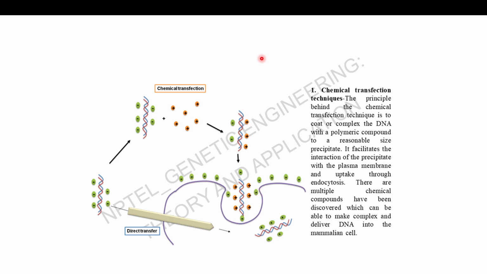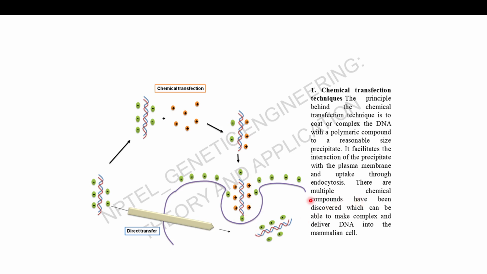Another is chemical transfection techniques. What happens is the foreign DNA of our interest is coated with a chemical, mostly a polymeric compound, so that the whole complex precipitates, and then this precipitate interacts with the cell membrane of the host cell, and eventually this complex is taken up.